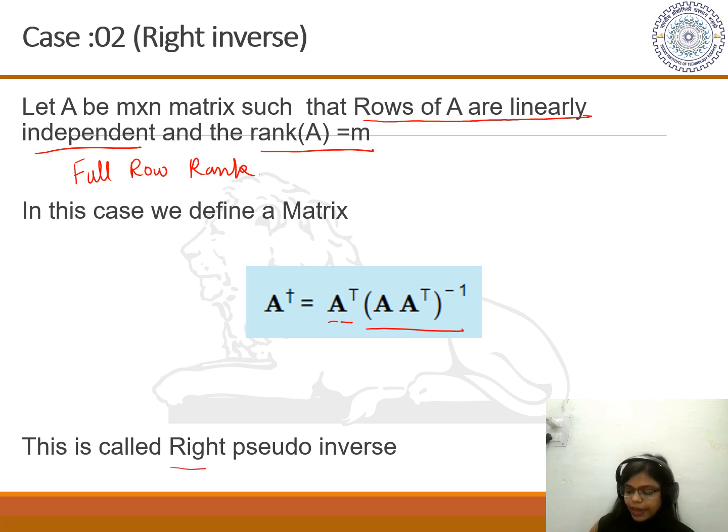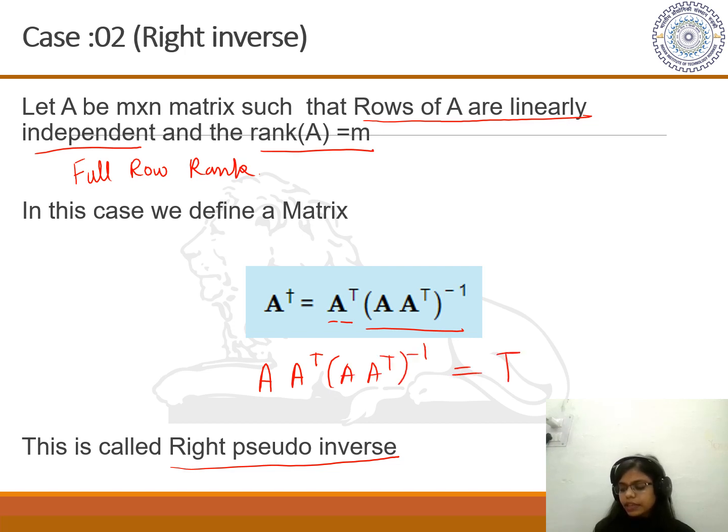We call this the right pseudo inverse because, as we saw previously in the case of the left inverse, here we multiply this inverse to the right of the matrix A, and we get an identity matrix simply. That is why we call it the right pseudo inverse.